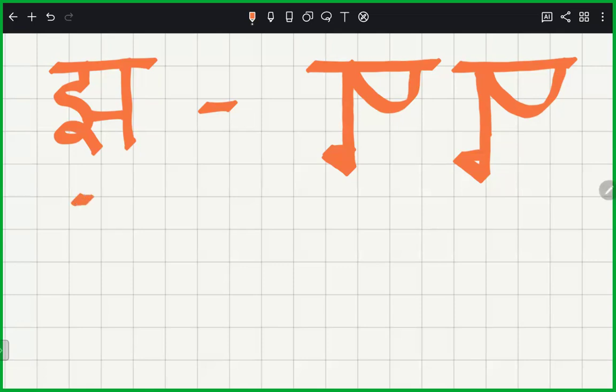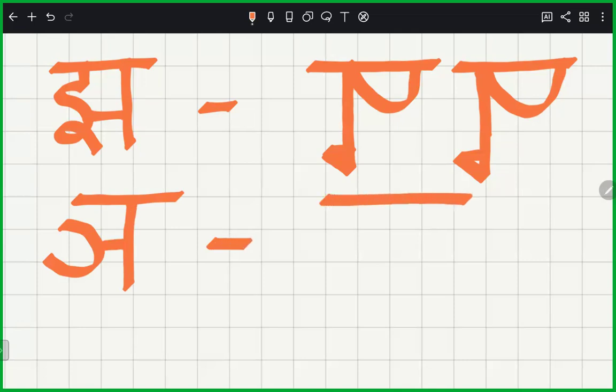The next one from this varga is 'nya'. Again, we start with this vertical line here. Then we leave some gap. We draw a small hook-like shape here.